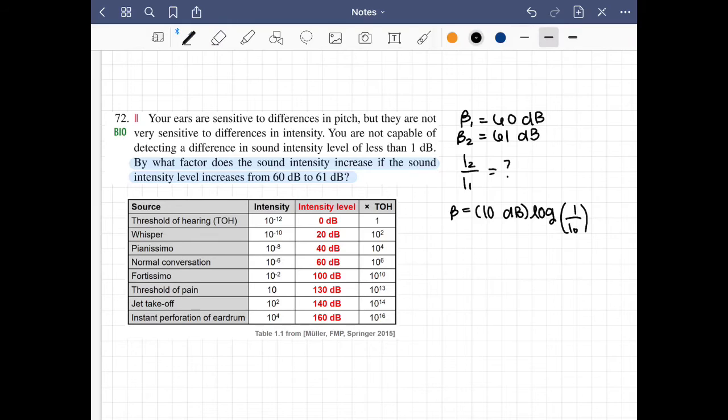With what we're given, we can write that the first sound intensity level is equal to 10 decibels times the logarithm of the first sound intensity divided by the threshold of hearing, and that the second sound intensity level is equal to 10 decibels times log of the second intensity divided by the threshold again.